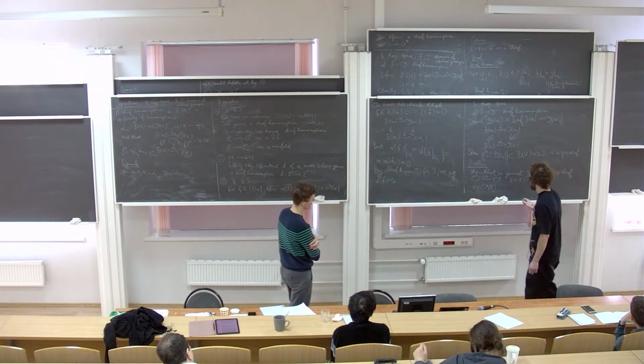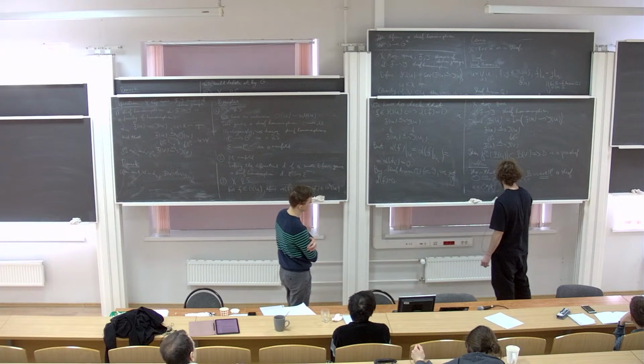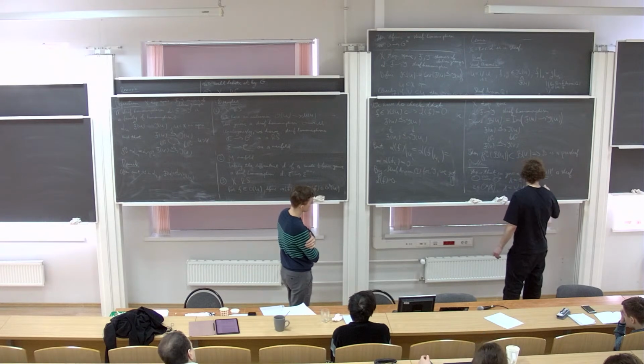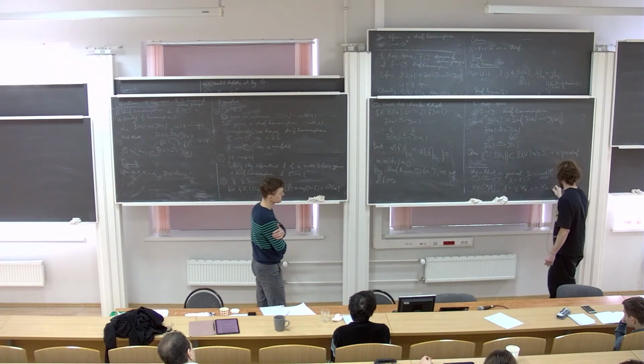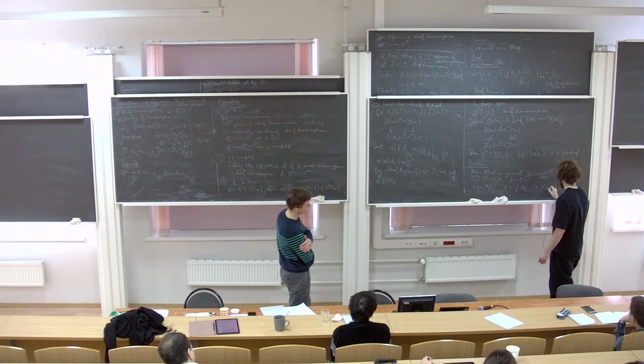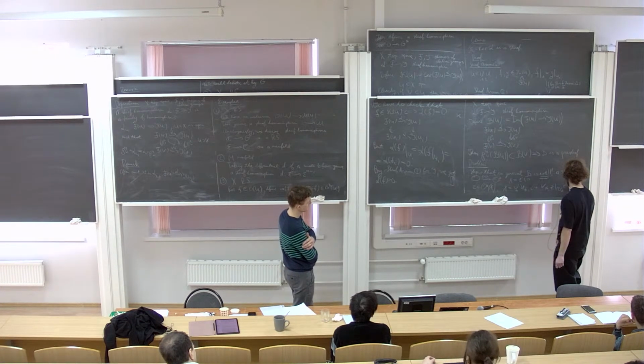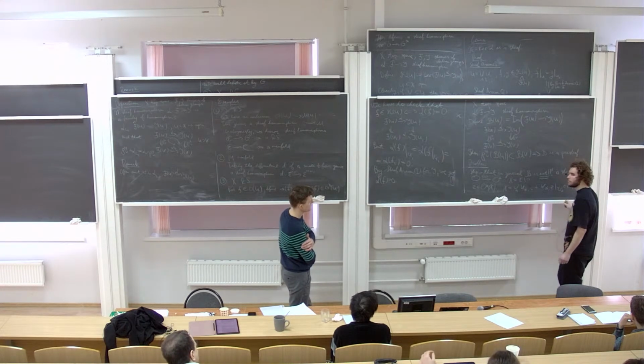Well, there is a covering such that for each alpha, the restriction of z to U alpha belongs to the image of the exponent. That is more or less clear, I believe.